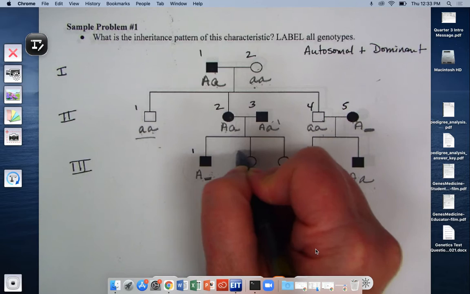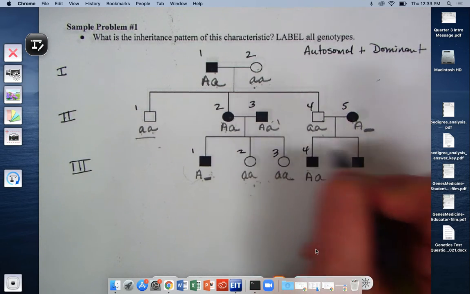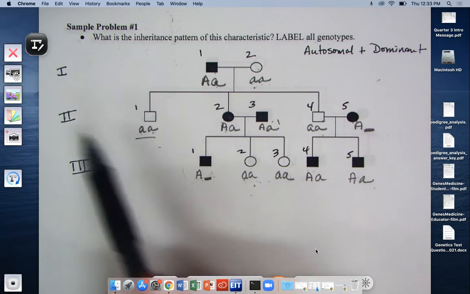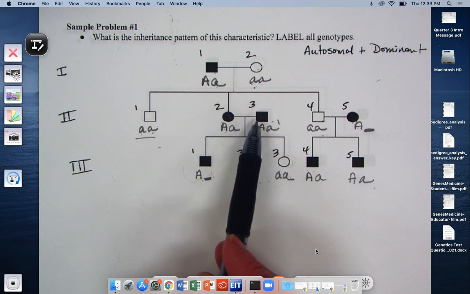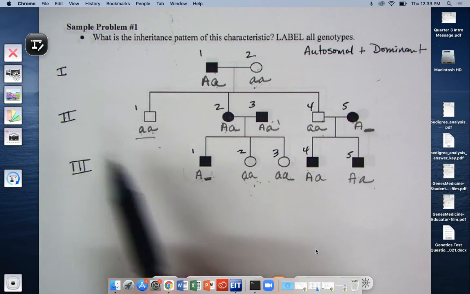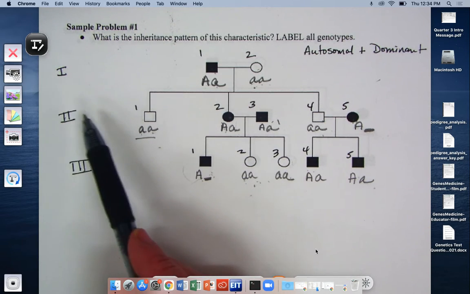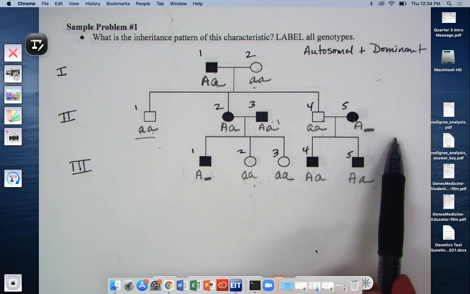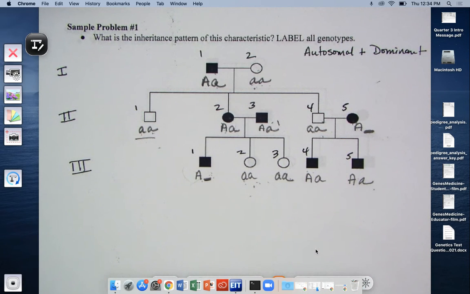It's not rocket science, right? So then I could say, what is the genotype of individual 2, 3? And you would tell me capital A, lowercase a. What is the genotype of individual 2, 5? And you would tell me capital A dash. Don't know.